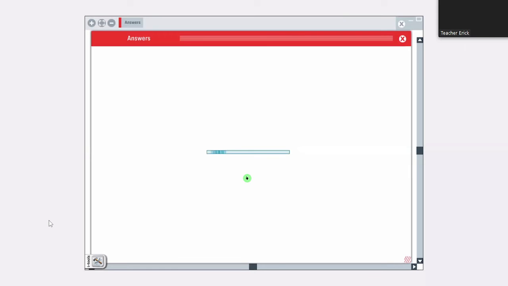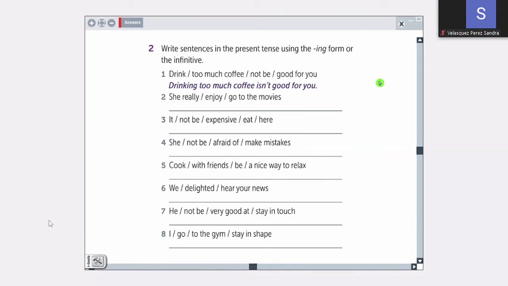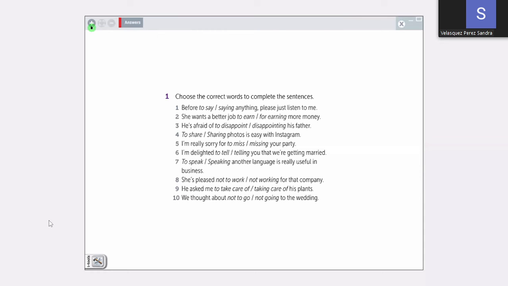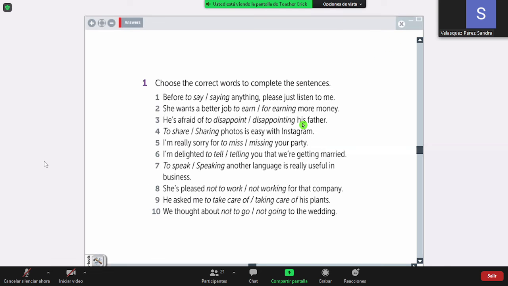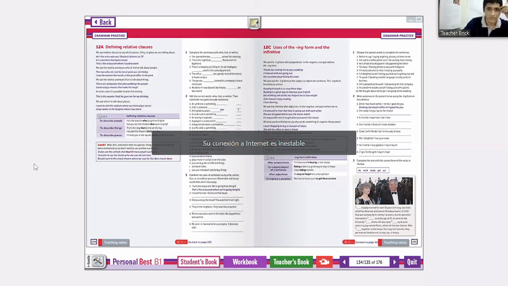No se compliquen tanto. We also use ing form después de oraciones negativas.